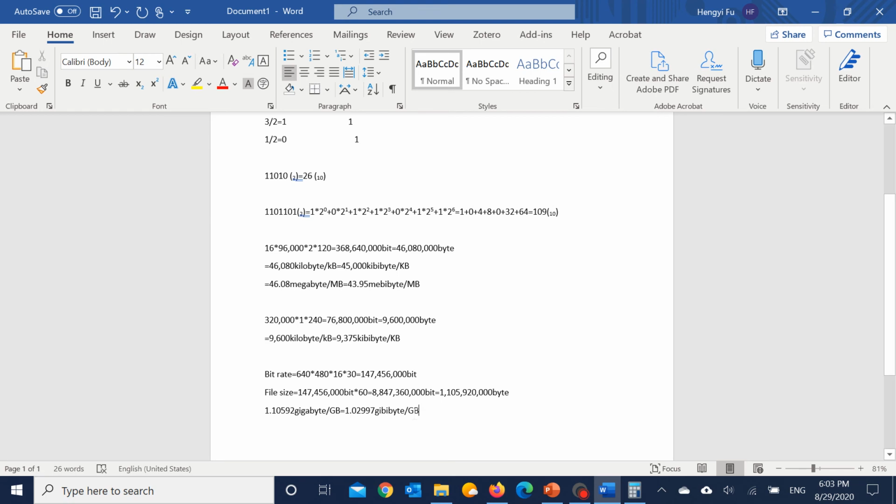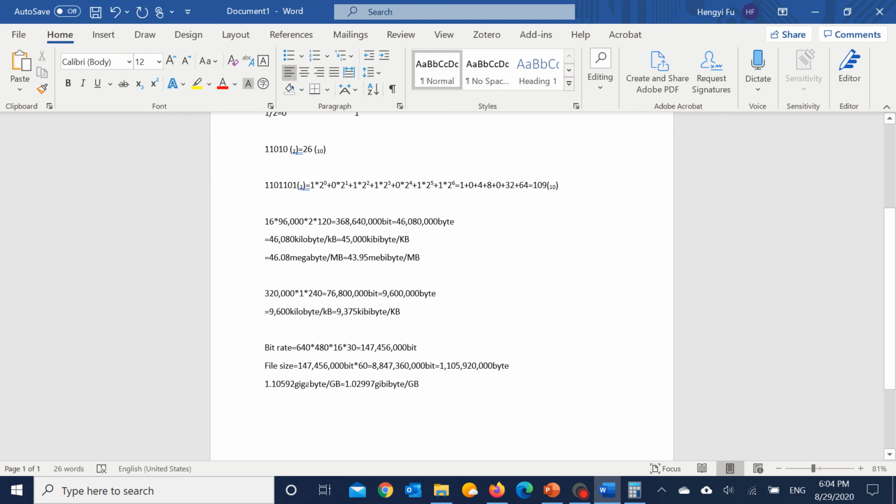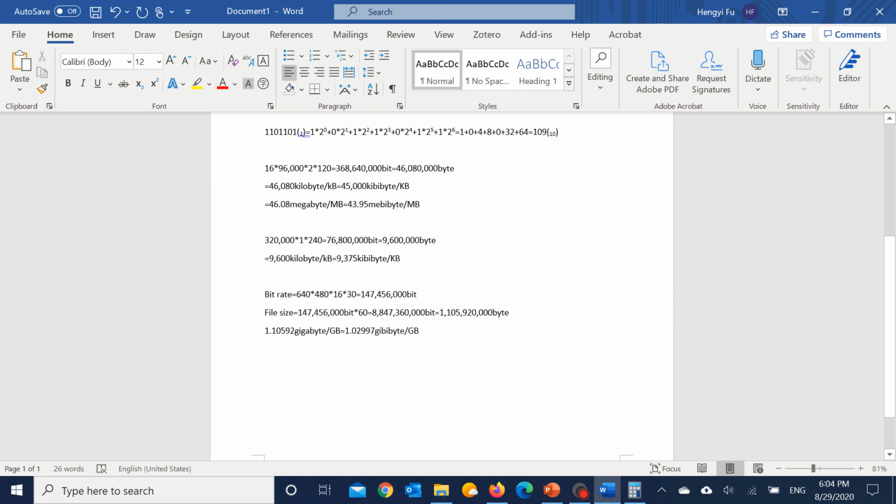Okay, this is called GB. You can use capitalized G and B for both. Again, I want to emphasize it one more time. Both numbers are correct. You just need to pay attention to the unit you use.